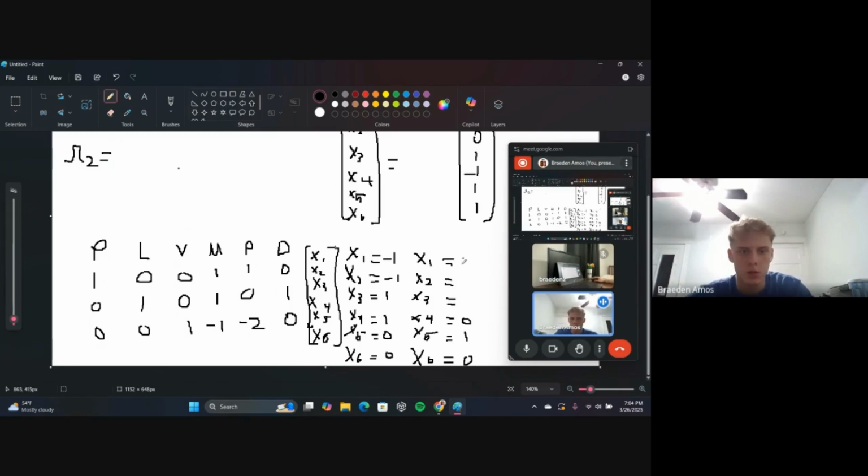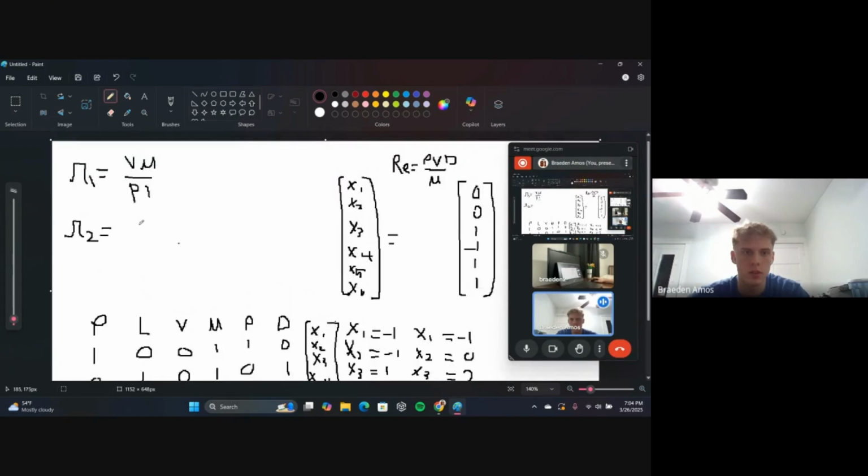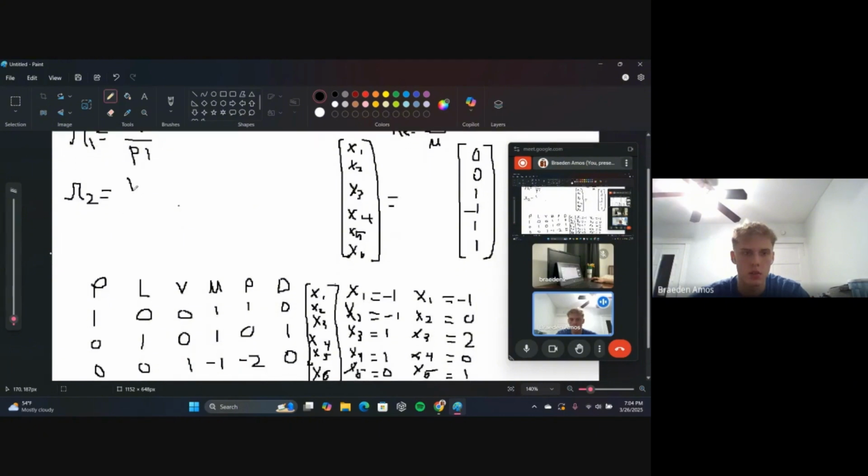So x1 is still -1. This one will be equal to 0. x3 will be equal to 2. So we get V, and since 2, we get V squared.